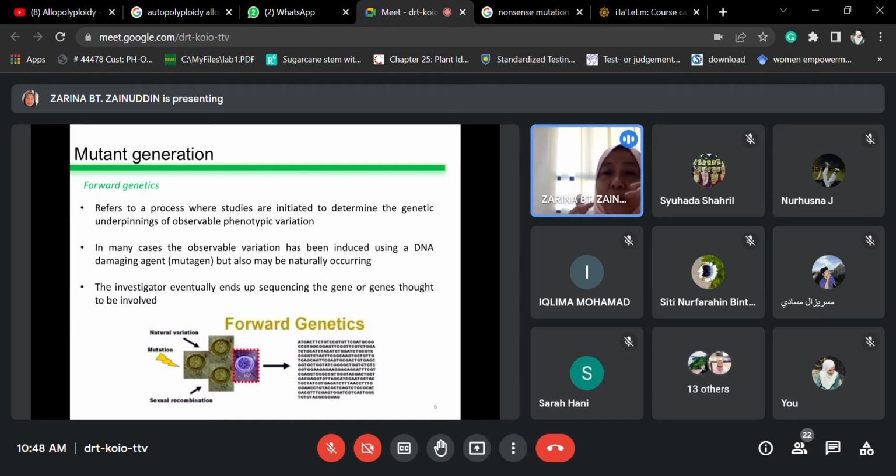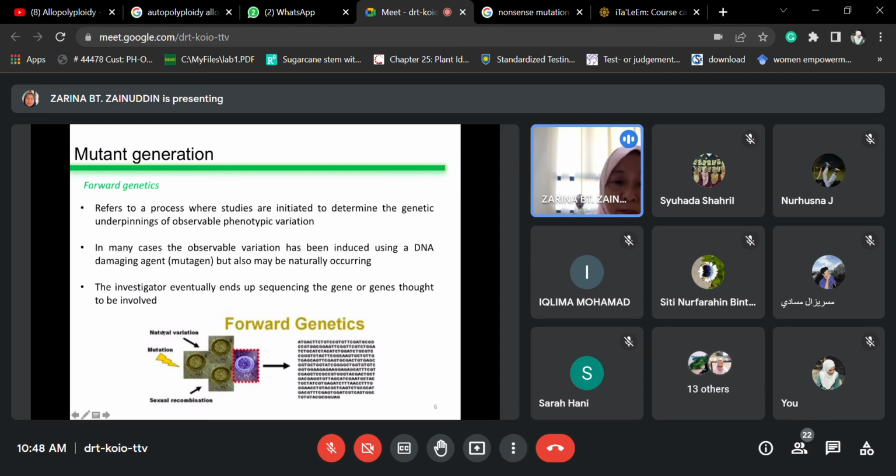Lepas tu kita try to determine what is the gene yang responsible for that phenotype. Okay, so in many cases, the observable variation has been induced using a DNA damaging agent, a mutagen. Okay, but it can also happen naturally lah. So the investigator eventually ends up sequencing the gene or genes thought to be involved in that phenotype.